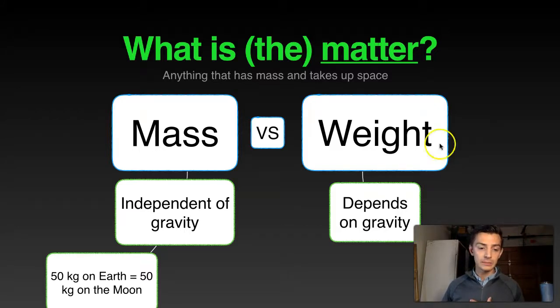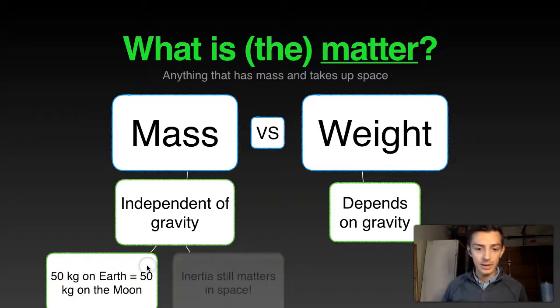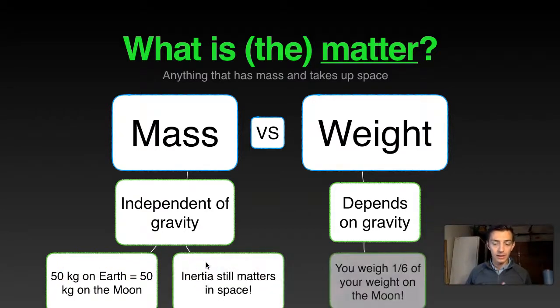You weigh different amounts on the moon, but you have the same mass as on planet Earth. So you are 50 kilograms on Earth, you're 50 kilograms on the moon, but on the moon you will weigh a sixth of your body weight. So you won't have less mass, but you will have less weight, which is confusing.